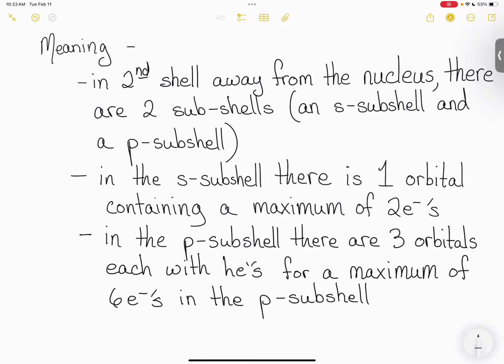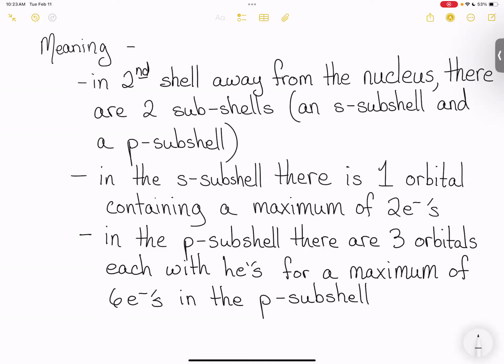What I mean by that is the last electron for any one of these elements over here is going to reside in a P subshell, whereas over here, the last electron is going to reside in an S subshell. The quantum numbers play out on the periodic table.